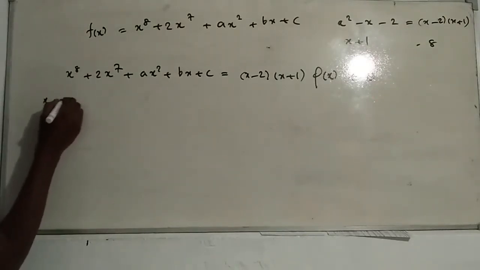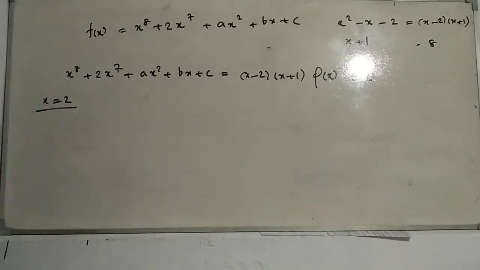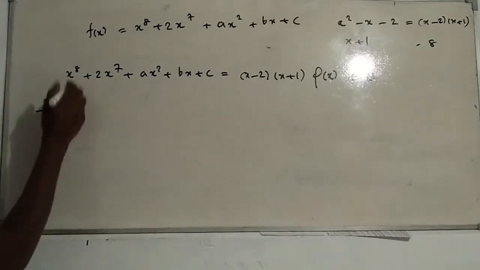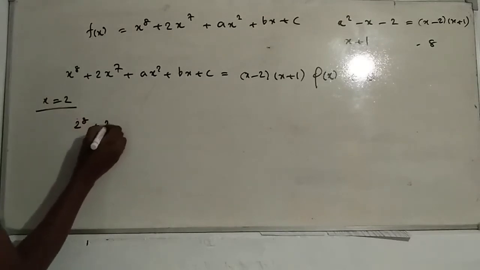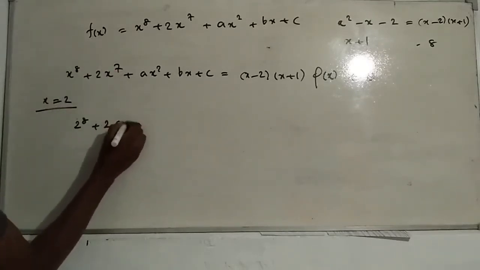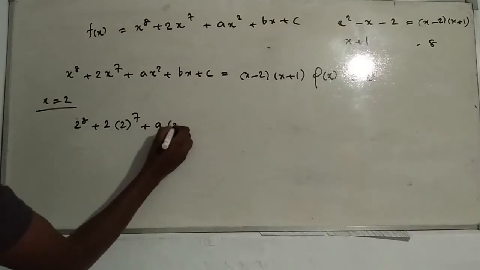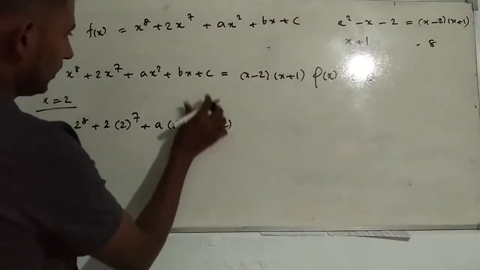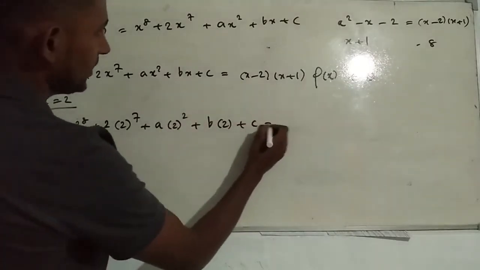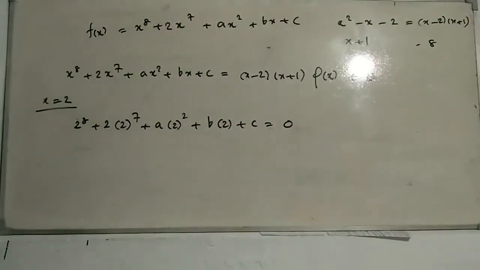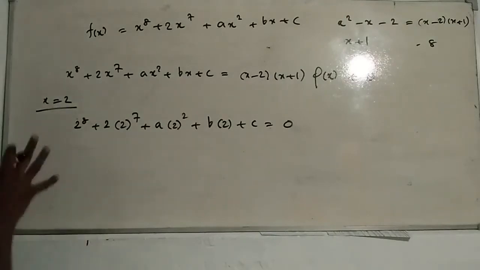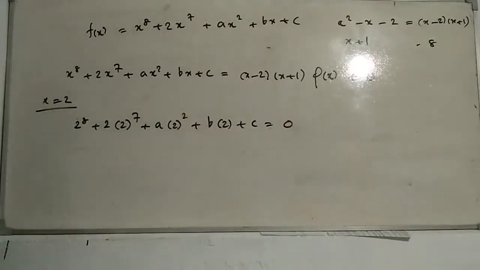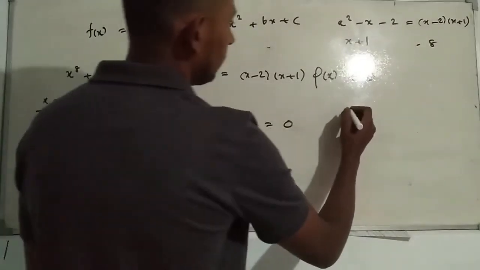So first I put x equal to 2. What happened when x equal 2? Here 2 to the power 8 plus 2 times 2 to the power 7 plus a times 2 to the power 2 plus b times 2 plus c is equal to 0. Right, we simplify this equation and get another equation.